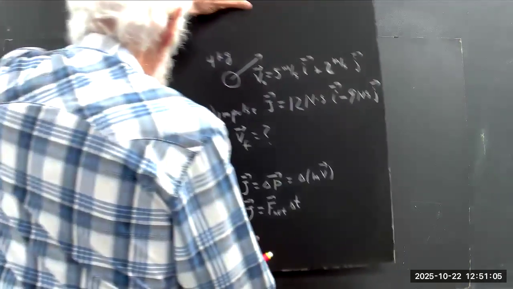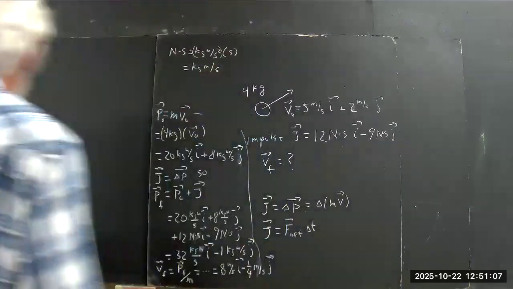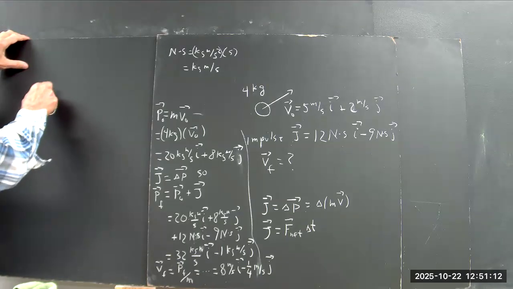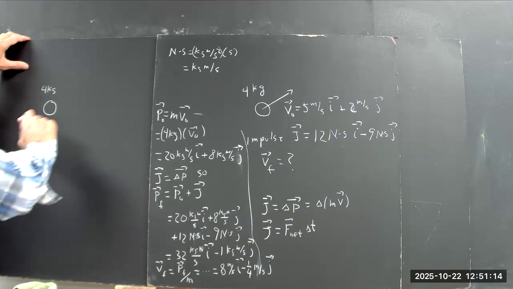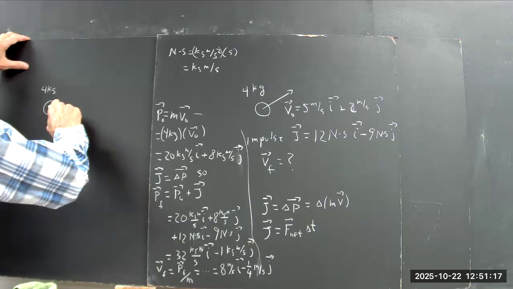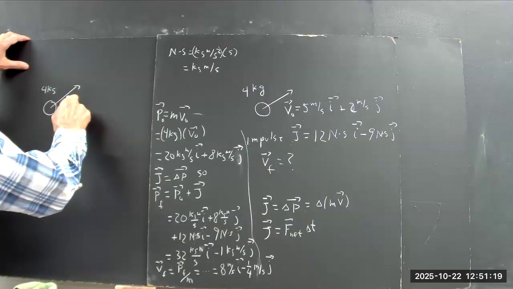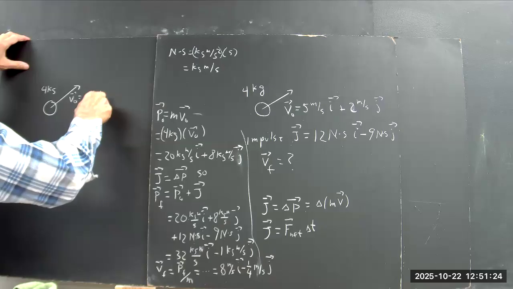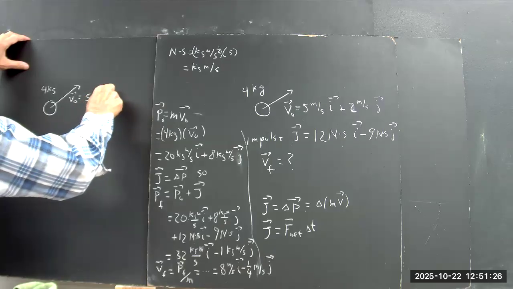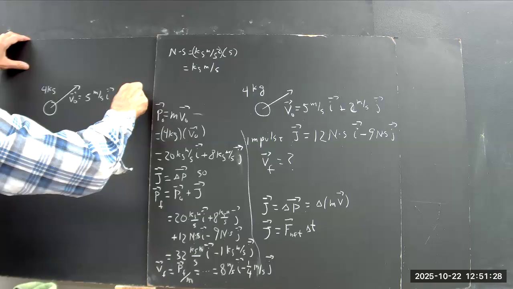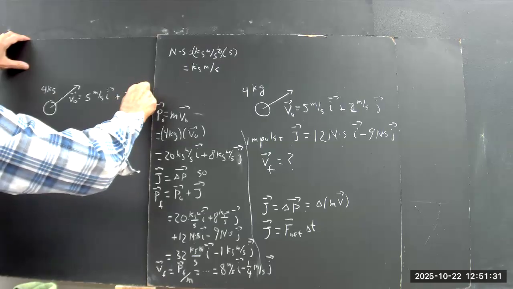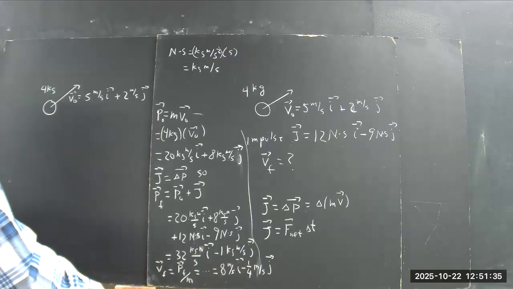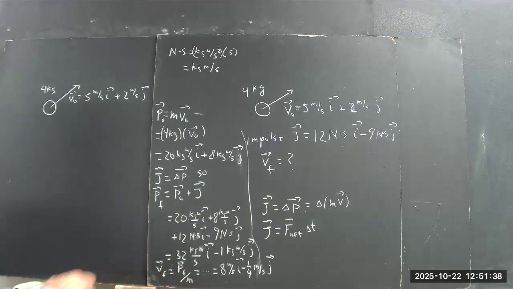Let's just assume there are two masses now. So again, we have our 4 kilograms. We have our impulse, and I'll use a different color for impulse.